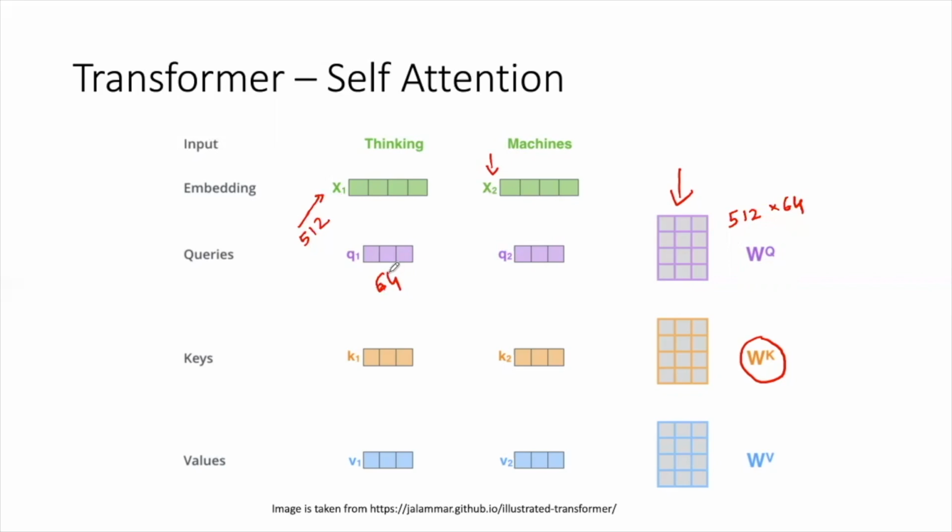So we are actually reducing the size of the input embedding as well. We'll see later why exactly we reduce the size, but for now this is one additional benefit.